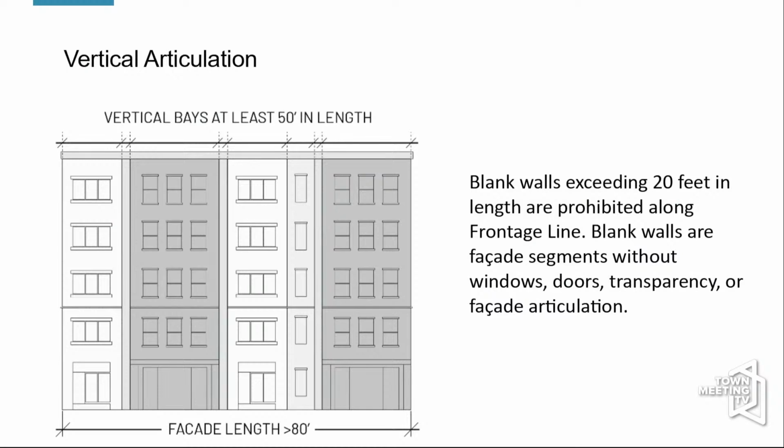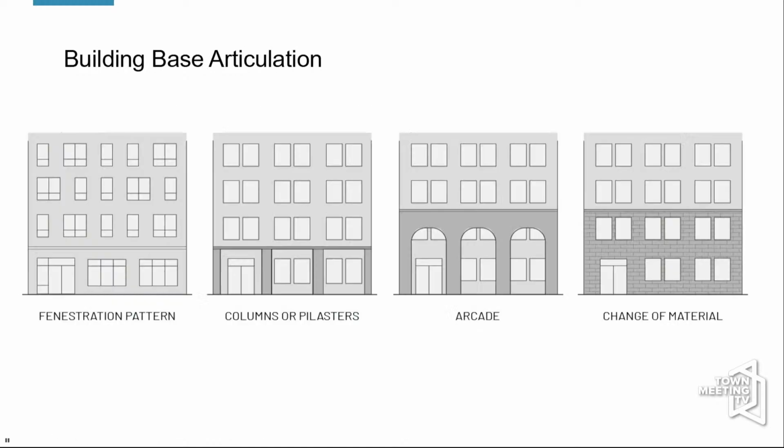Along the frontage, blank wall segments where there's no features, windows, doors, or transparency can't exceed 20 feet. So you will not get a featureless wall running the length of a block under this code. Right. So secondly, these buildings have to be articulated at the base, and that means the first floor or two where the people actually experience them have to look distinct and different from the upper floor treatments.